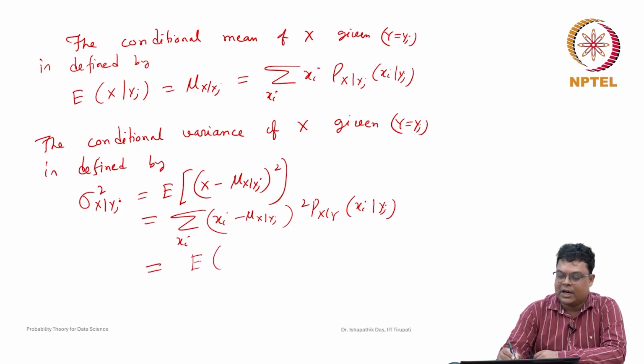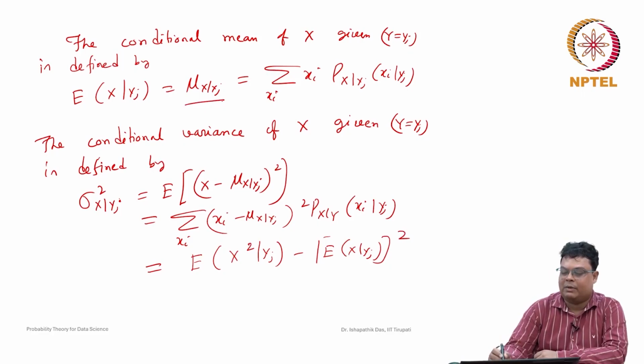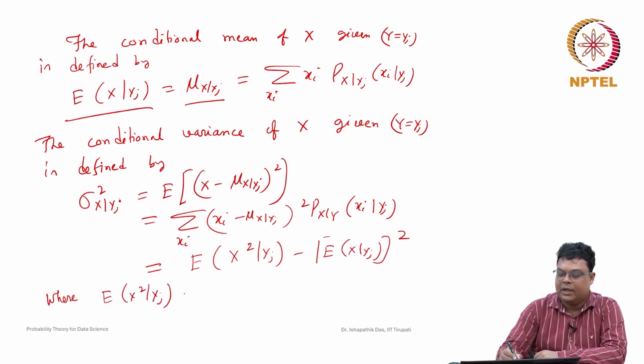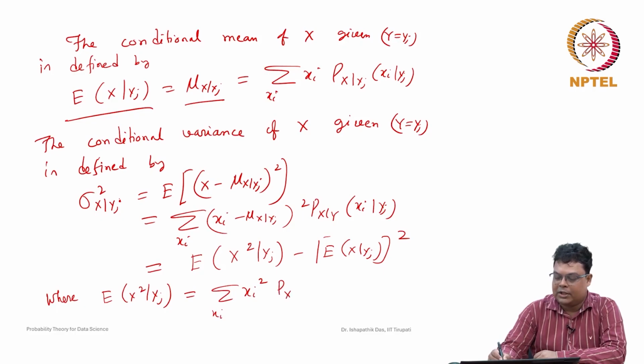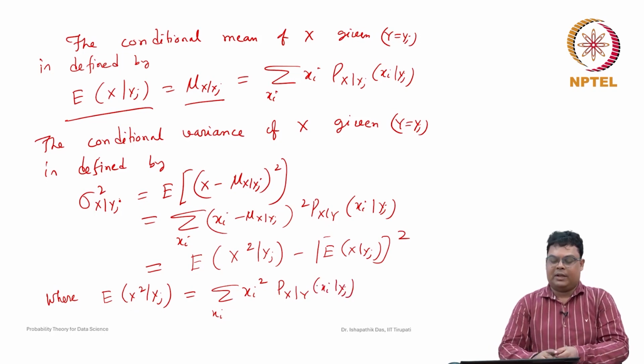So it is nothing but the second order raw moment of x square given yj minus the expected value of x given yj whole square, where the expected value of x square given yj, by definition, is the summation over all possible values xi of xi square into the conditional probability mass function of x given y, xi given yj. So hope you have understood how it is coming.